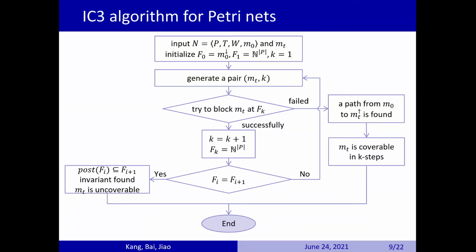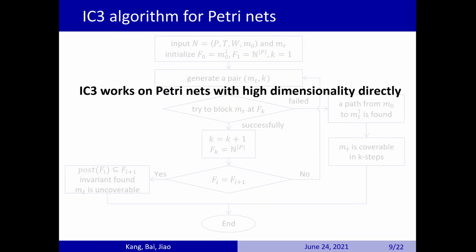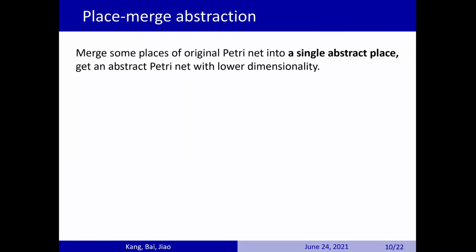As we all know, IC3 is a very efficient technology for verification, but in this case, IC3 works on Petri nets with high dimensionality directly. Can IC3 perform better on Petri nets? Here is a method, we call it place merge abstraction.